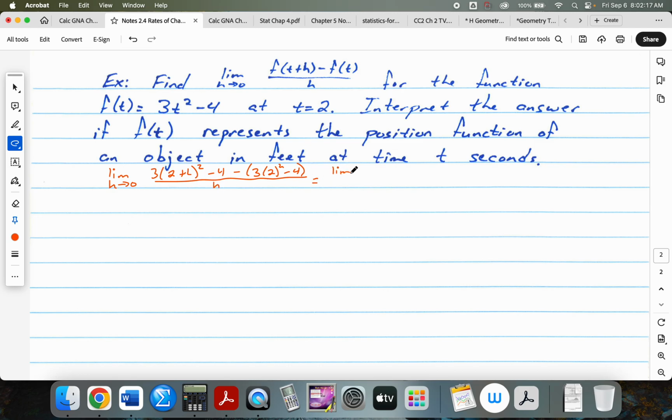That's going to be the limit as h goes to 0 of 3 times 4 plus 4h plus h squared minus 4 minus, let's see, that's going to be 2 squared is 4 times 3 is 12 minus 4 is 8, all over h.